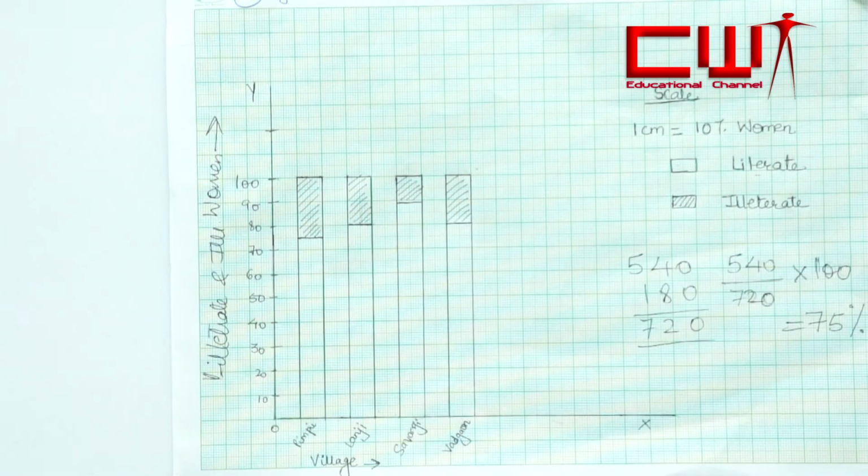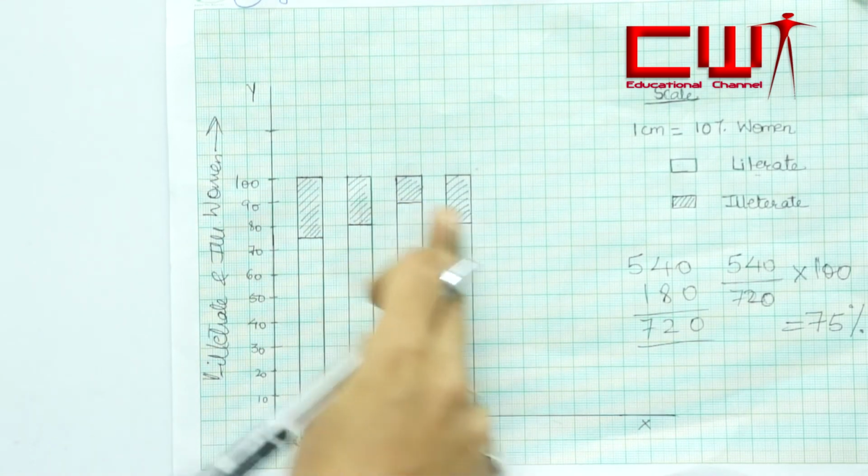Next, for the village Sawangi, 510 and 340. So 510 plus 340 is 850. The total is 850. So you have 510 divided by 850 into 100. You will mark here whatever percentage you get.